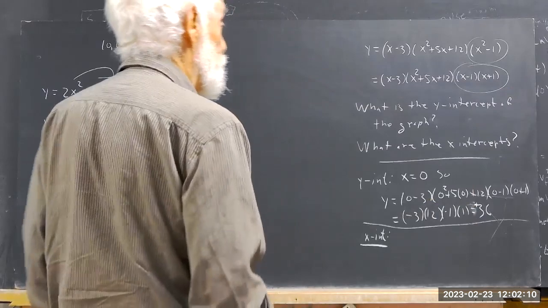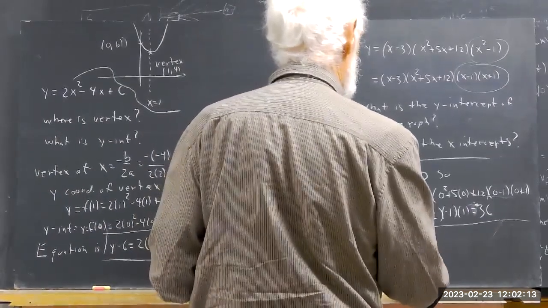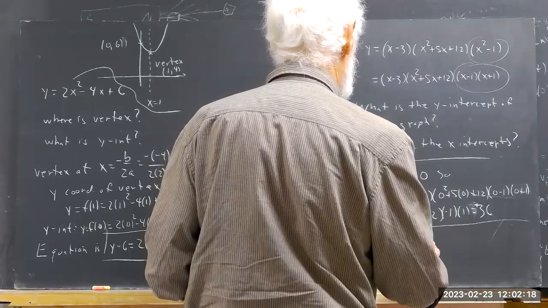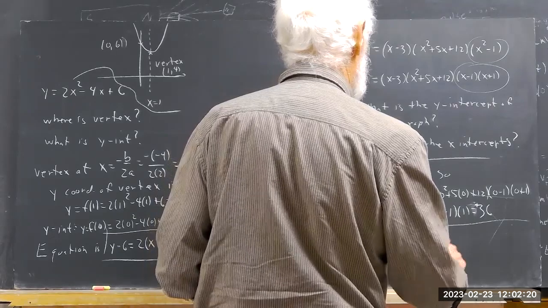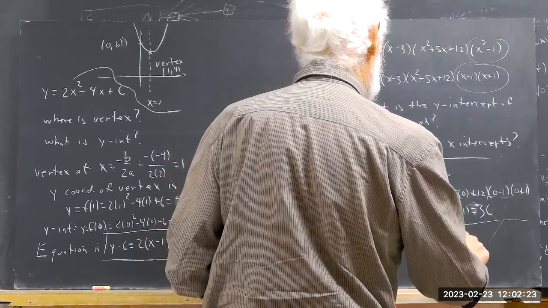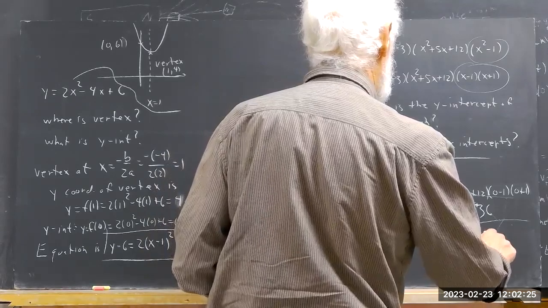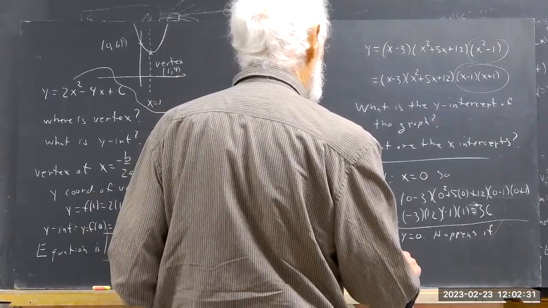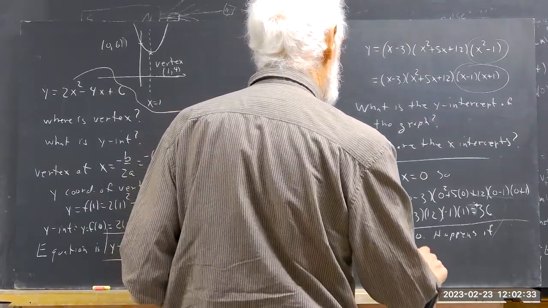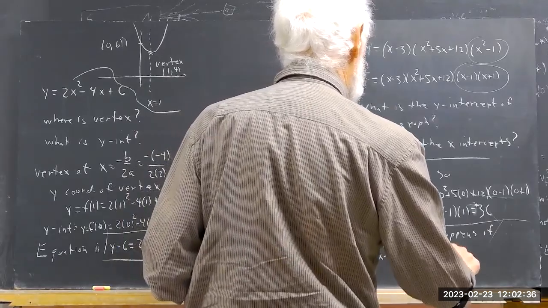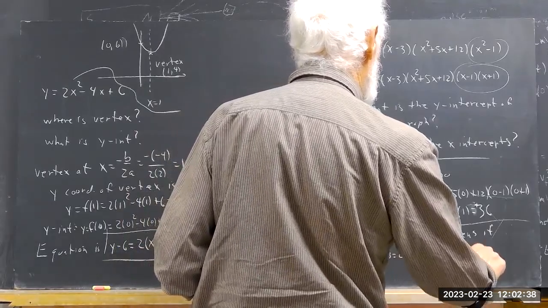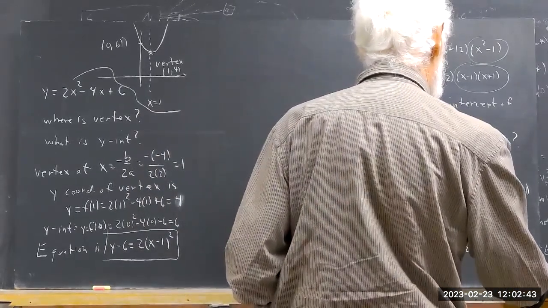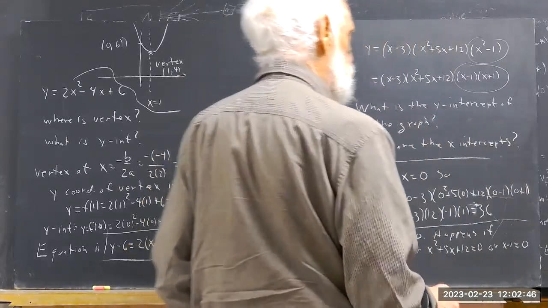So the x-intercepts happen if x minus 3 is 0, or x squared plus 5x plus 12 equals 0, or x minus 1 equals 0.